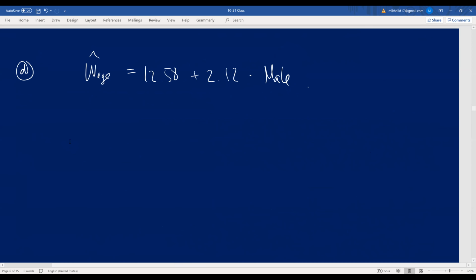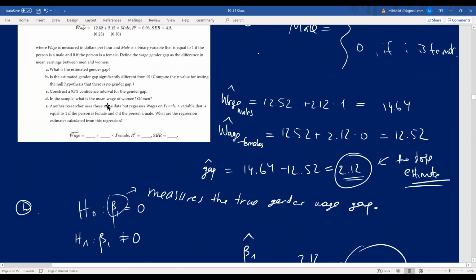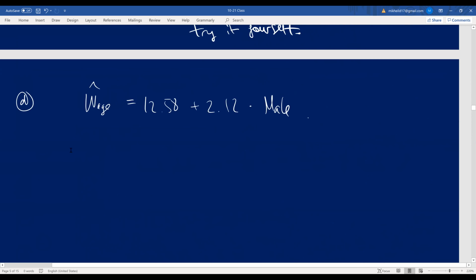This is very similar to part A. It asks us first to calculate the mean wage for women. That will be the same as I did before.